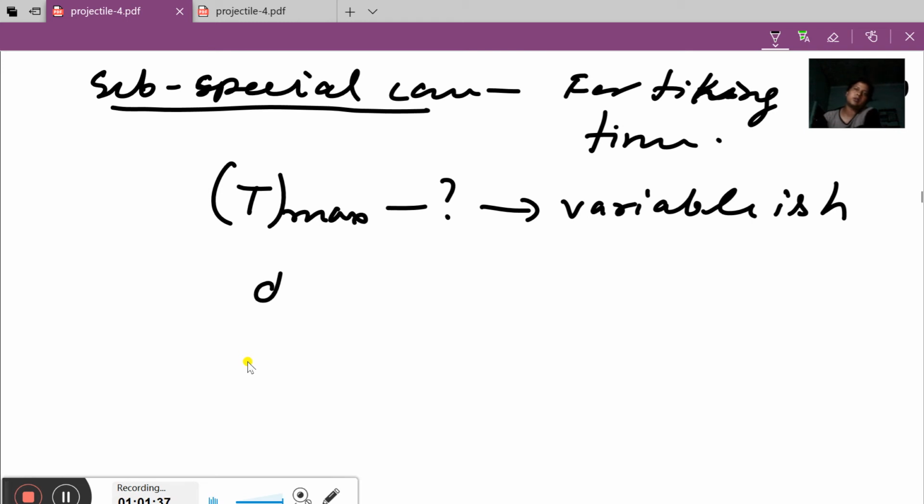So for t maxima, dt over dh must equal 0.